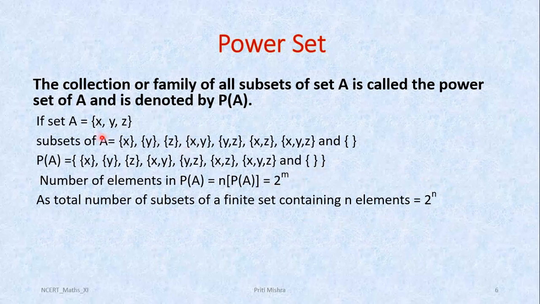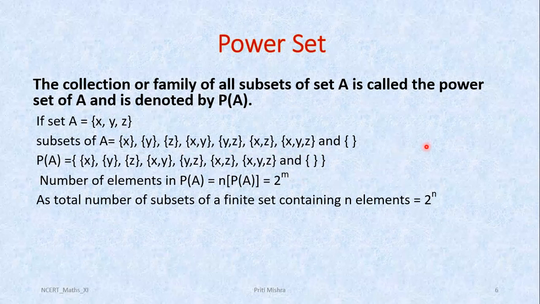You can check it here easily. We have 3 elements in set A and 8 subsets for the set A. So 2 to the power 3 is equal to 8, right? Proof is here in this example.